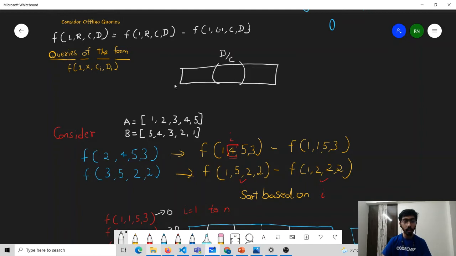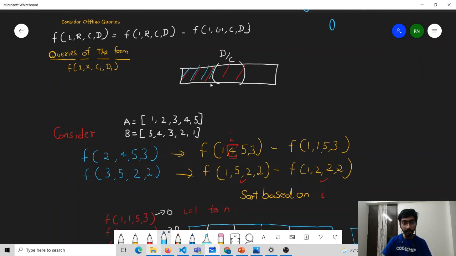Here, instead of trying to find the solution for L to R, we can find the solution from 1 to R first, and then subtract the solution from 1 to L minus 1.